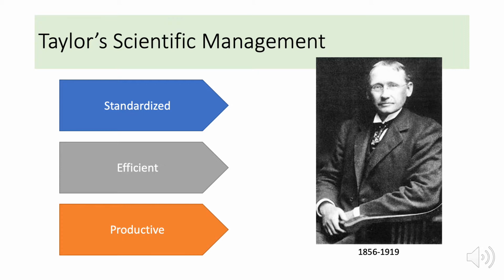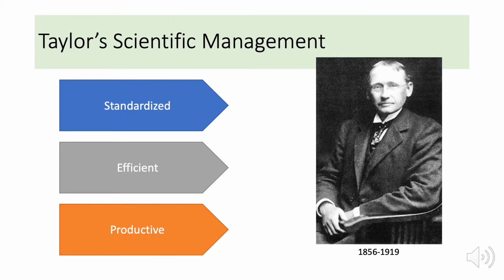Taylor's scientific management. Taylor was a mechanical engineer and a management consultant, and so he was able to provide insight on public administration because of his roles and the duties that he was in.